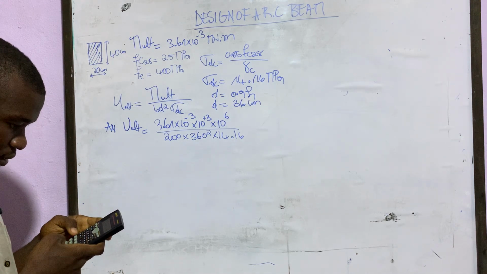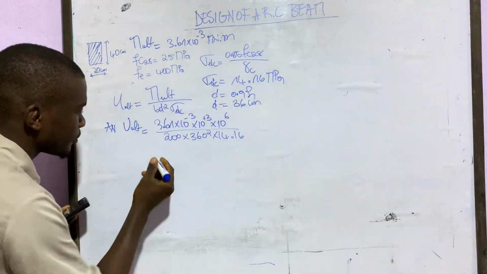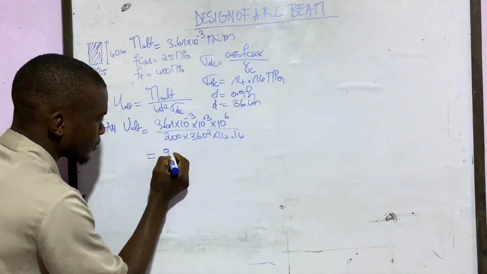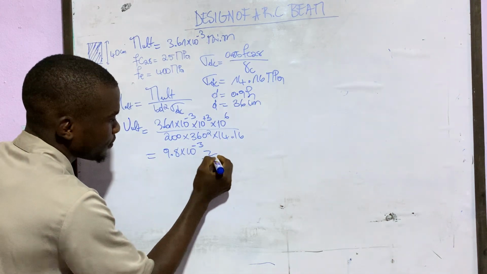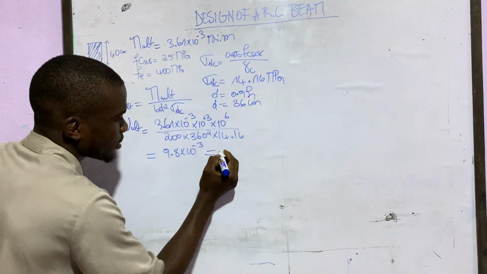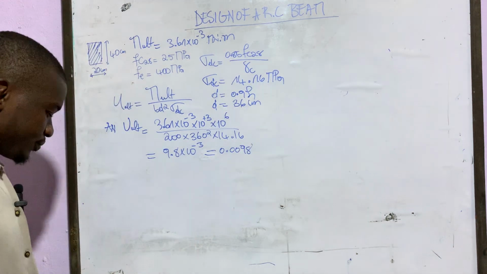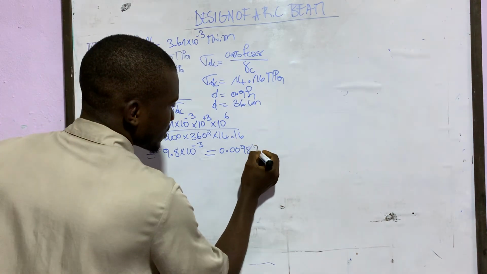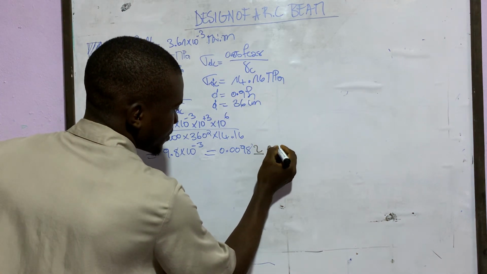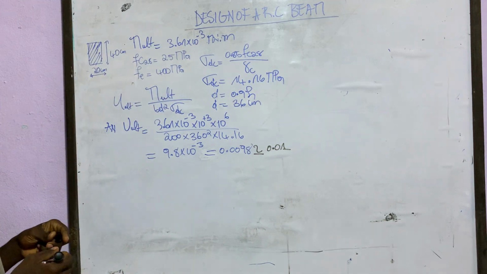We have 9.8 times 10 to the power negative 3, which is simply equal to 0.0098. We can round it up and simply say that it's equal to 0.01. So we'll take 0.01.